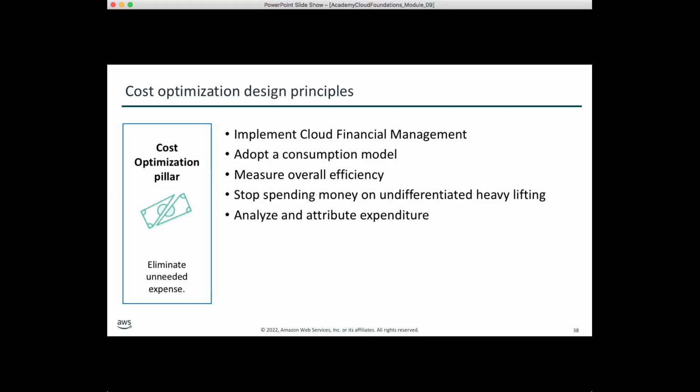Analyze and attribute expenditure. AWS makes it, in many ways, easier to accurately identify system usage and costs by using various services such as CloudWatch and other things, and attribute the IT cost to individual workload owners, right? If there is a team which is handling a workload, we can attribute the cost to that team, depending on what workload we have, or to a particular business.